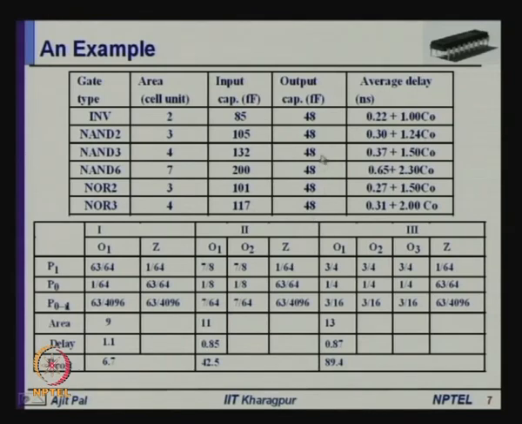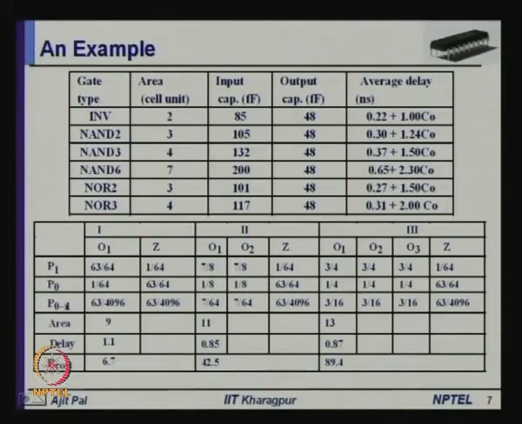You may have some additional output capacitance because whenever you are driving a capacitive load or you are driving some other gates, then of course, the load capacitance will be more, and which is expressed by this expression. The average delay will be dependent on the output capacitance. So, for inverter it is 0.22 plus 1 into C0, for 2 input NAND gate it is 0.3 plus 1.24 C0.